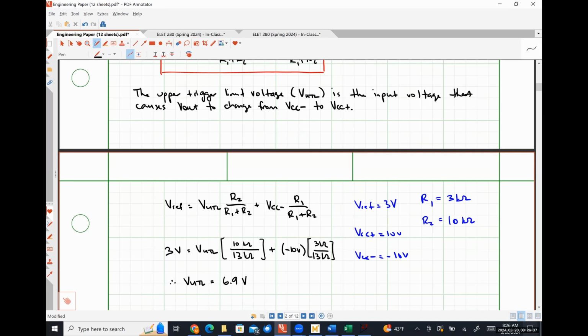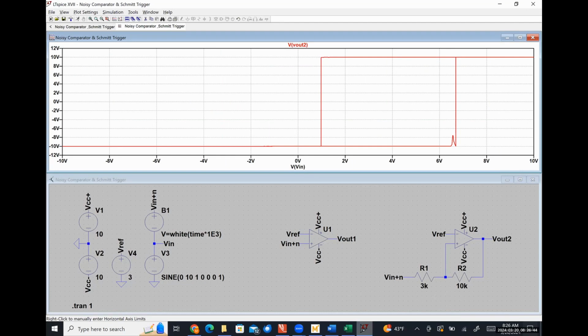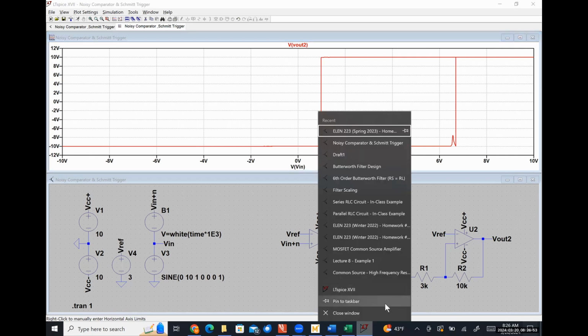If you want to throw that into your calculator and verify it, you're welcome to do so. But if we look at our graph here, that seems like a pretty darn reasonable estimation. So let me grab a mouse, if I remember to bring one, which I hope I did.